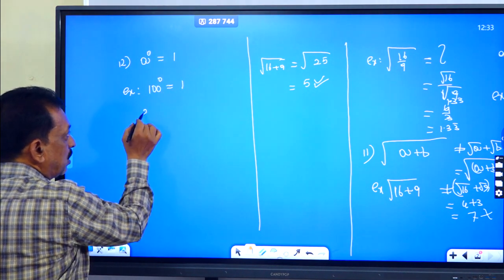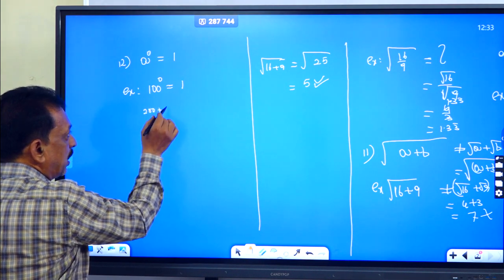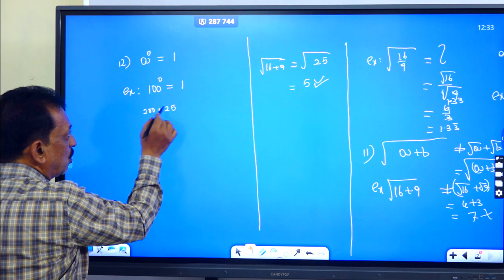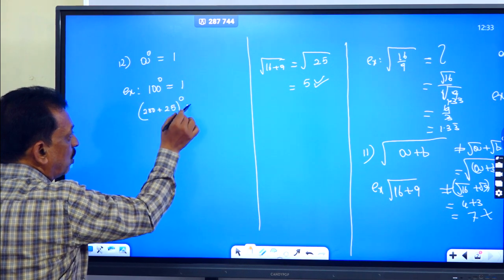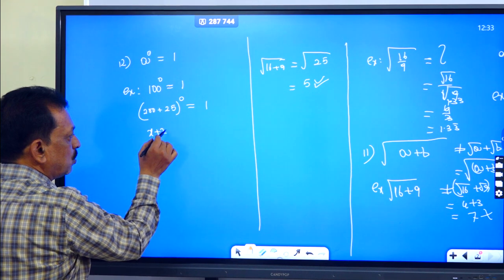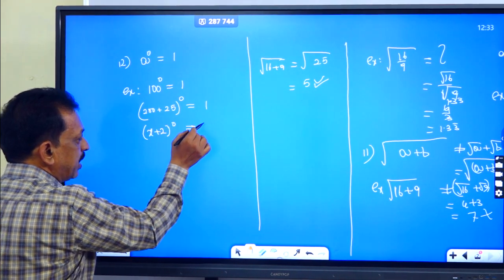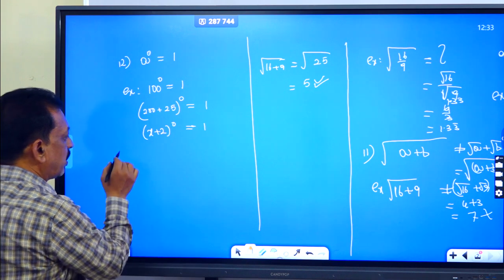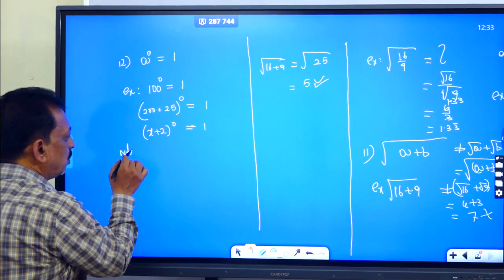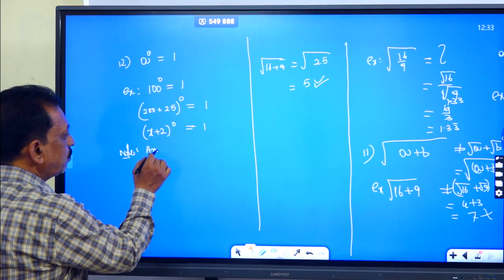Also 200 plus 25 whole to the power of 0 is equal to 1 only. Otherwise, x plus 2 whole to the power of 0 is also 1. That means anything to the power of 0 is 1.